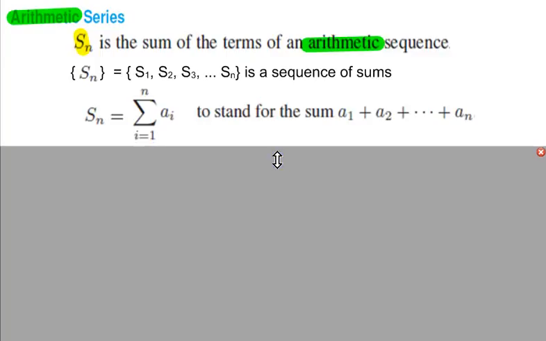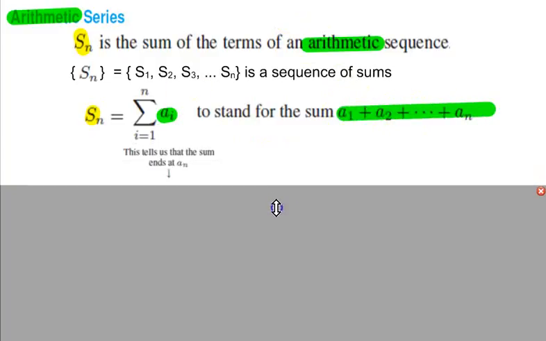As you can see here, we're relating the sigma notation we talked about earlier. We start with the first term, a sub 1, and go all the way up to the nth term, a sub n. So this notation represents the exact same thing as S sub n, which is the sum of the arithmetic sequence terms from 1 to n, which is another way of looking at this.